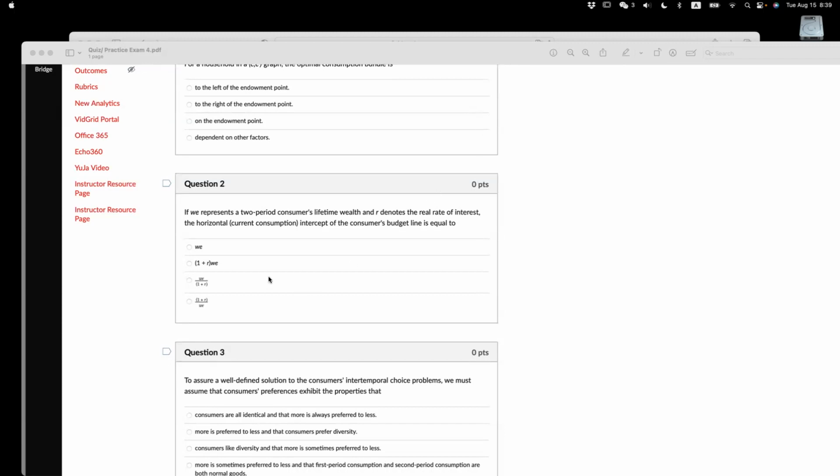The answer is A, it's going to be equal to WE. What this means is that the consumer consumes everything today and leaves nothing for the future.